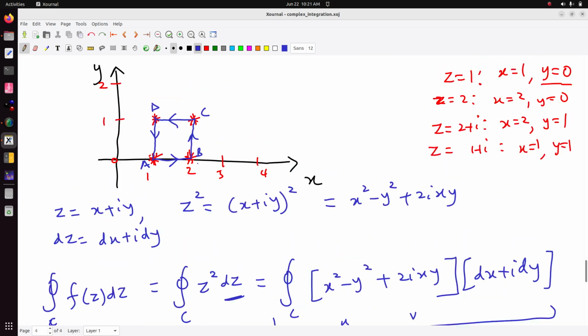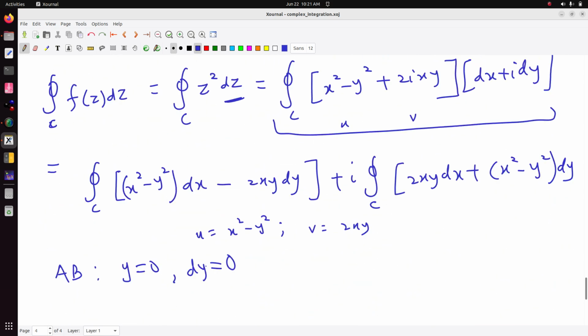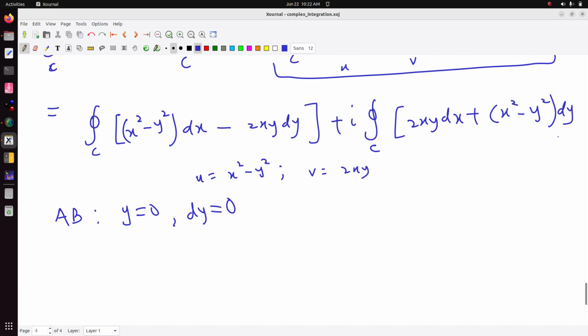In fact, y at point B is 0, y at point A is also 0. So in our integration, we drop the terms with respect to y, like this term, we drop it, and this term, and this term, then we'll be left with this term and this.